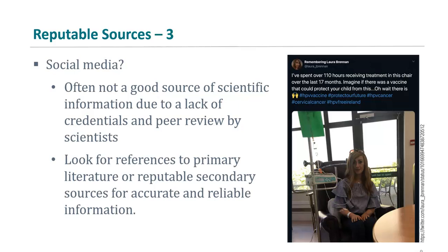So it just depends. You might have a blog by a scientist, and I've seen some very well-written blogs on different topics. So it could be pretty good. It just depends on how in-depth of material you're looking for. Okay, so it depends on the credentials of the individual. Are they referencing any other sources of literature to back up whatever they are talking about? That's what you want to look for.